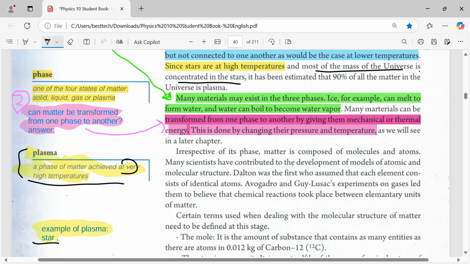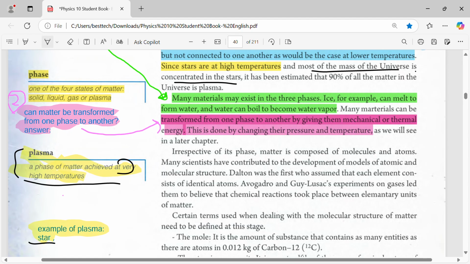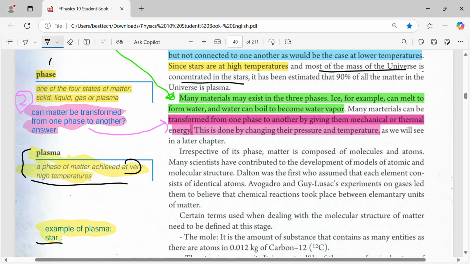So the last phase is plasma. So the phases, or states of matter, are four: solid, liquid, gas, and plasma.